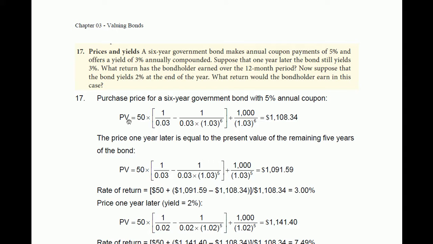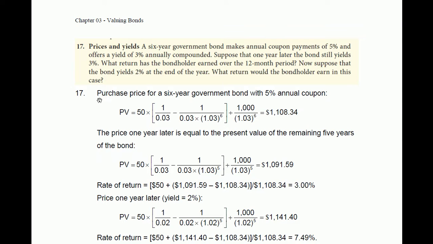So in this question, when we have to calculate the bondholder's return, we just need to calculate the present values in different years, and we can show that in the following calculation. So if we purchase a 6-year government bond with a 5% annual coupon, this is the coupon.